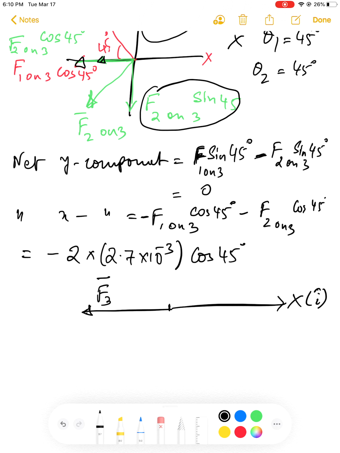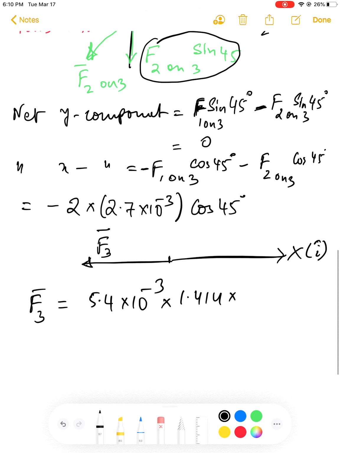You will say that F3 is 5.4 times 10 to the minus 3 times cosine 45, sorry, it's 0.707, and I will call it minus I cap or I hat, right?